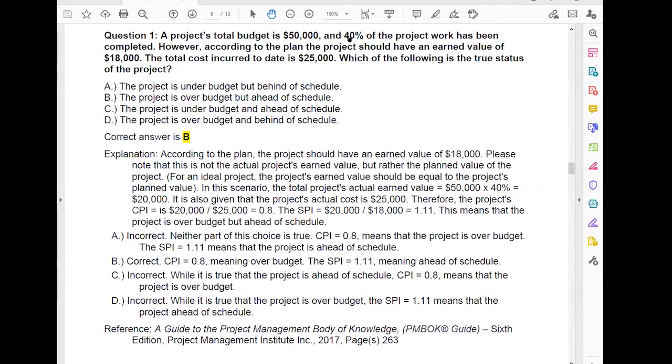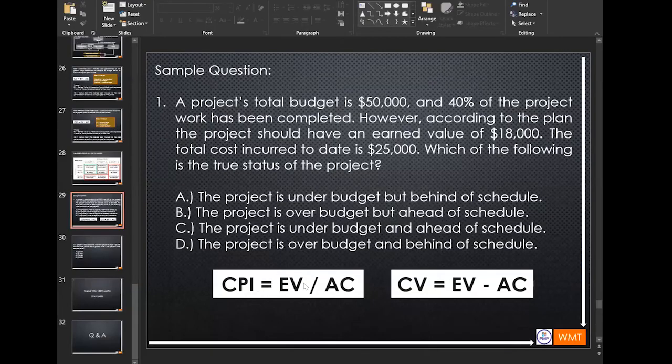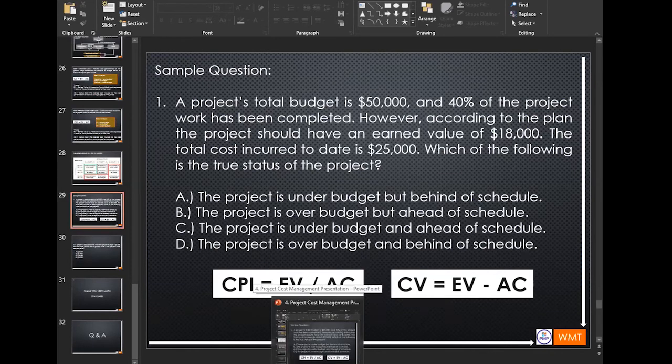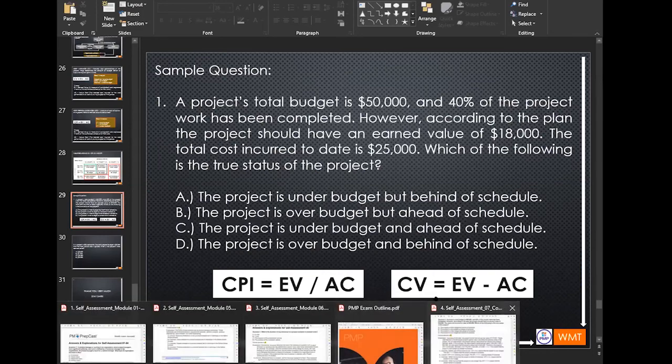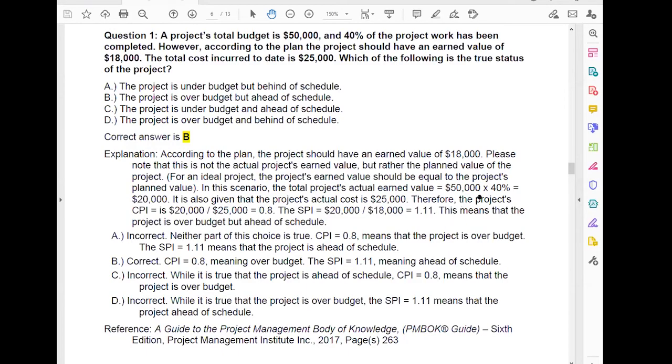So 40% ng 50 is 20. So yun yung plan. Yun yung EV, earned value. Earned value is the 20,000.